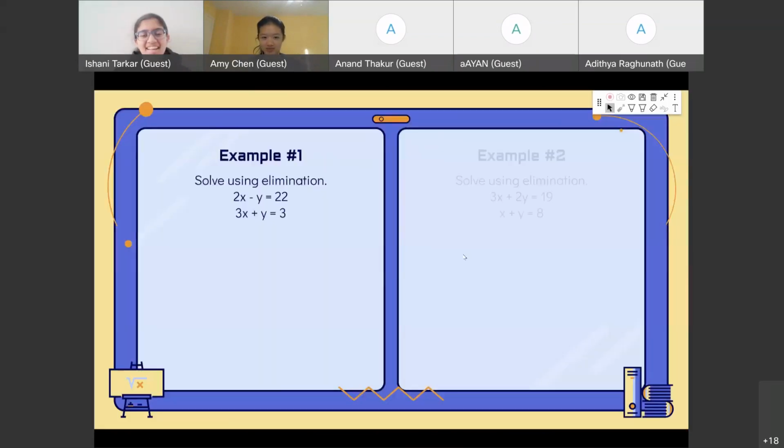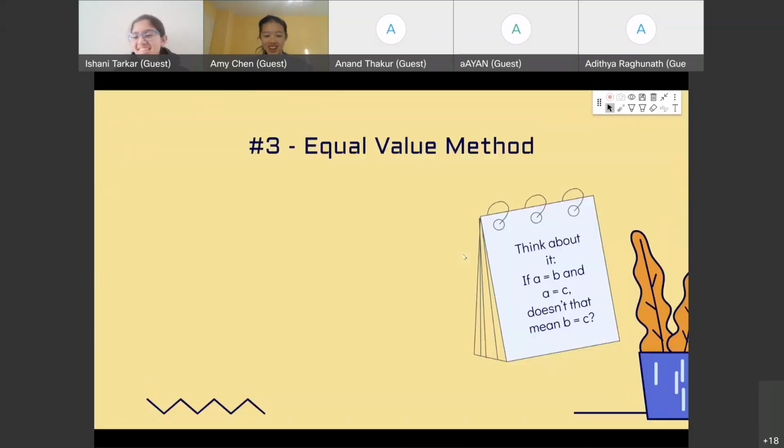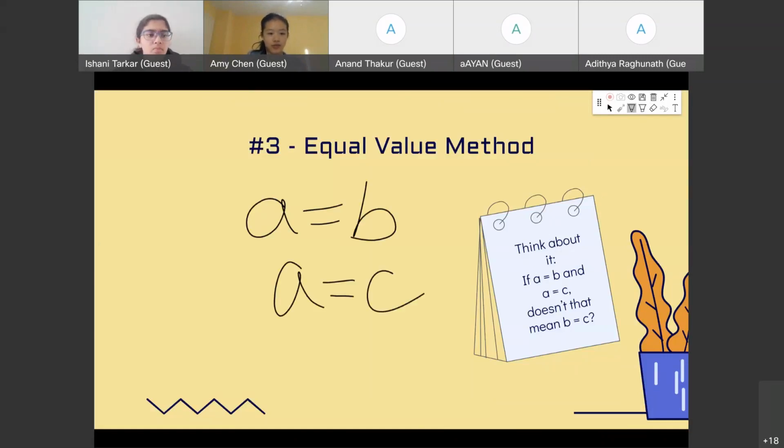Okay, third way, or this should be the fourth way, equal value method. So the equal value method uses this property. If A equals B and A equals C, then that means B must equal C, right?